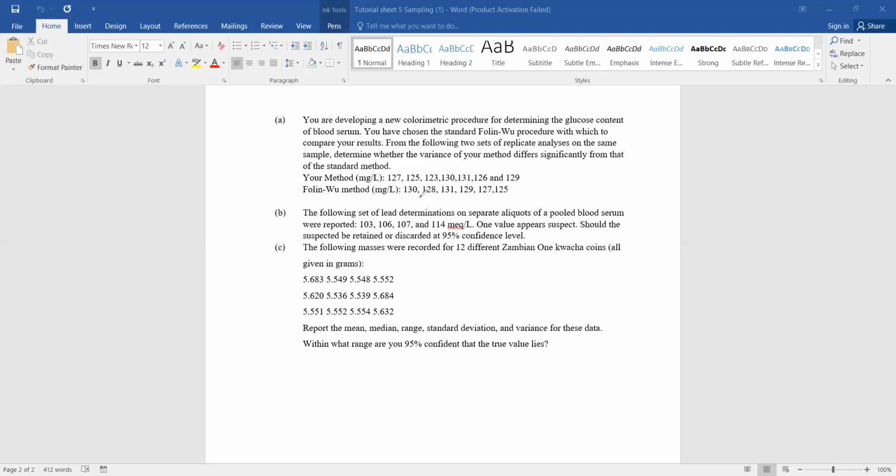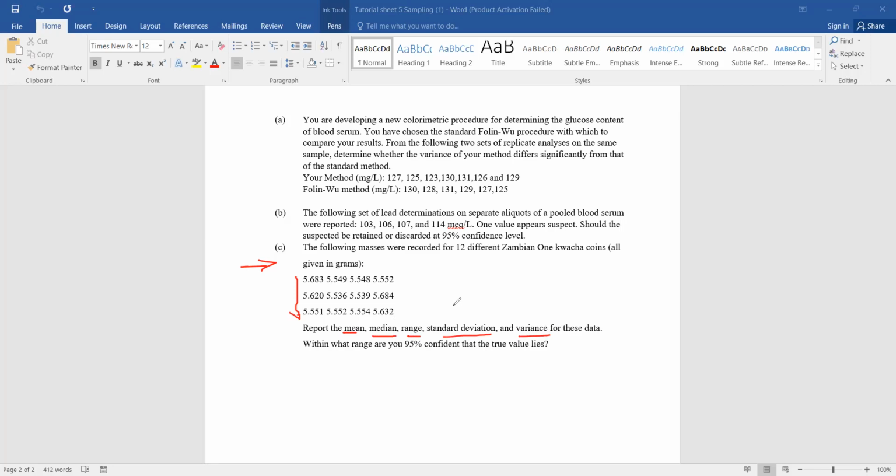Okay, so we have this question here. The following masses were recorded for 12 different Zambian 1 kwacha coins, all given in grams, starting from 5.683 to 5.632. Report the mean. So you are going to get the mean, the median, the range, standard deviation, and variance of this.